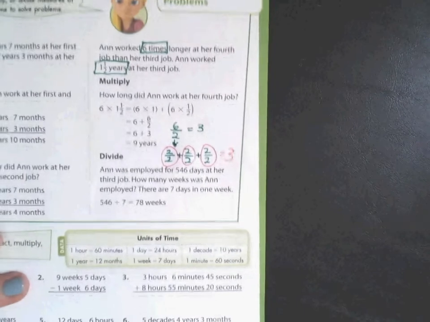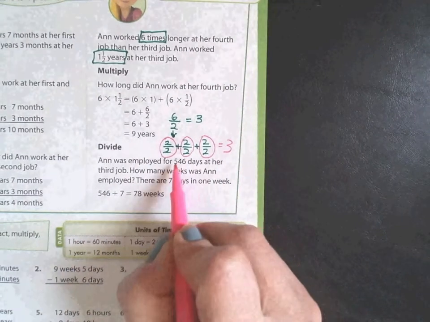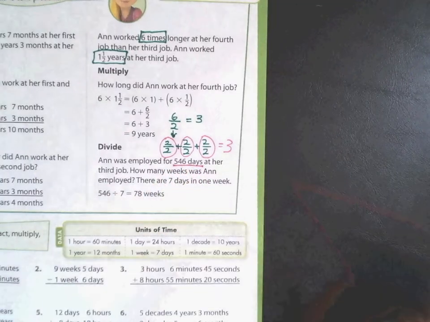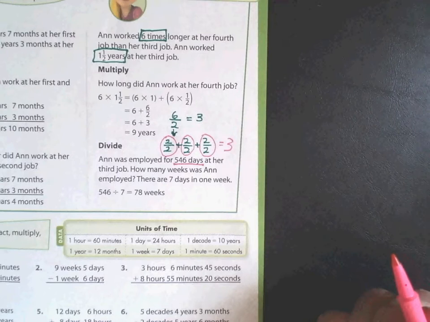And let's look at a situation where you would divide. It says Anne was employed for 546 days at her third job. How many weeks was Anne employed? There are 7 days in 1 week. So if they give you the days, you need to turn that into weeks.